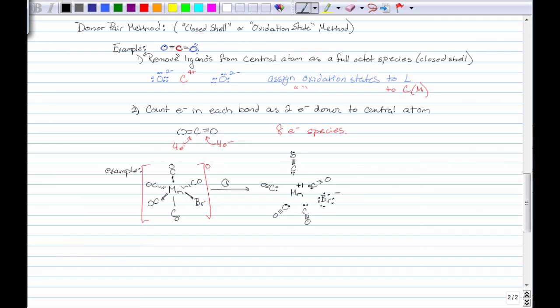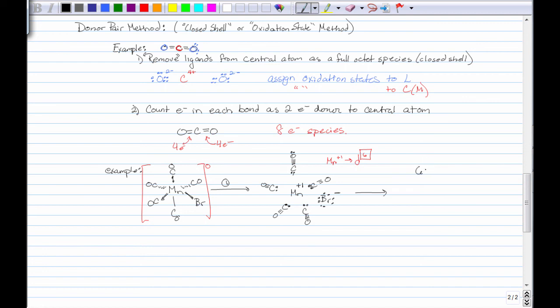And now I should count the number of electrons in manganese +1. I know that this is a d6, and this is important information. So now I'm going to count my total electrons here. I'm going to count each of these bonds as a 2-electron donor. So each of the carbonyls is going to donate 2 electrons, and the bromide is going to donate 2 electrons to the metal.